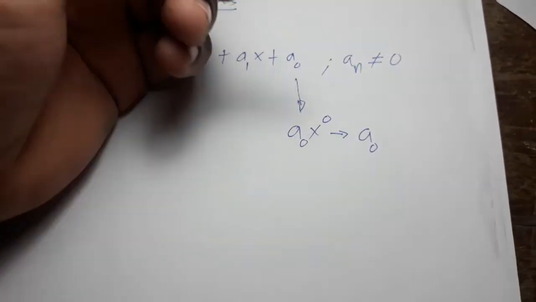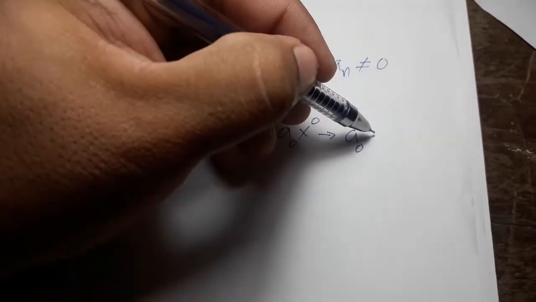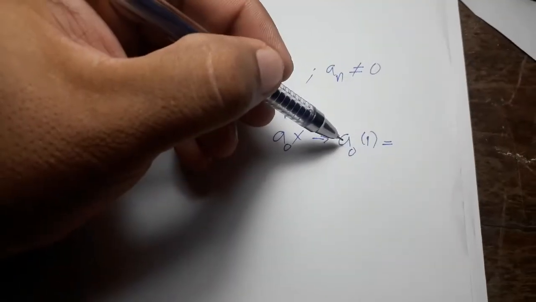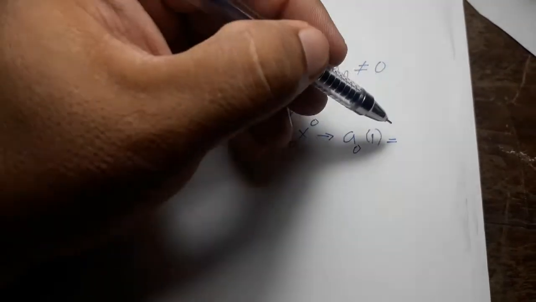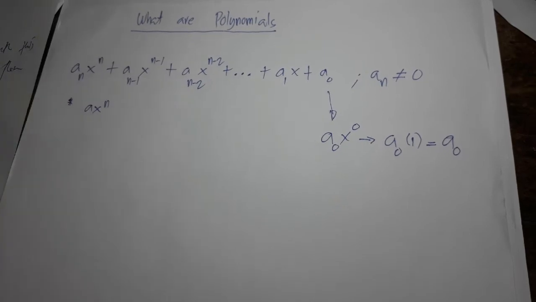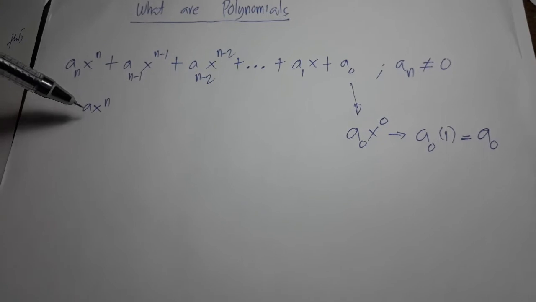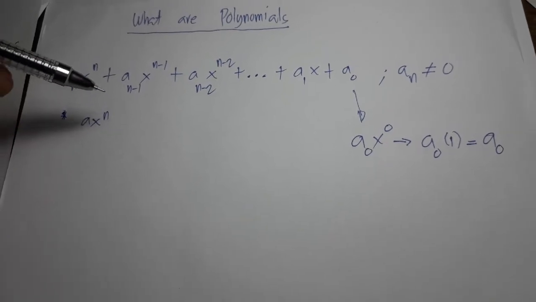This is equivalent to a subscript 0. We know that any value raised to 0 is 1. Therefore, a sub 0 times 1 is a sub 0. So we can say that a sub 0 can represent the form a x to the power of n.